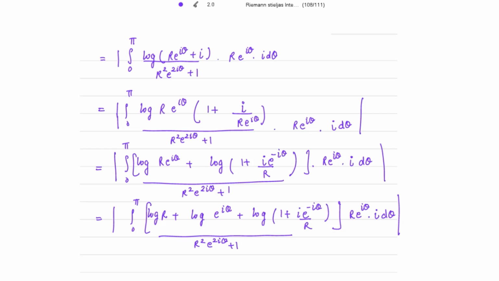Now I know the inequality that mod of a plus b is always less than or equal to mod of a plus mod of b. So I'm going to use this in the numerator, right?